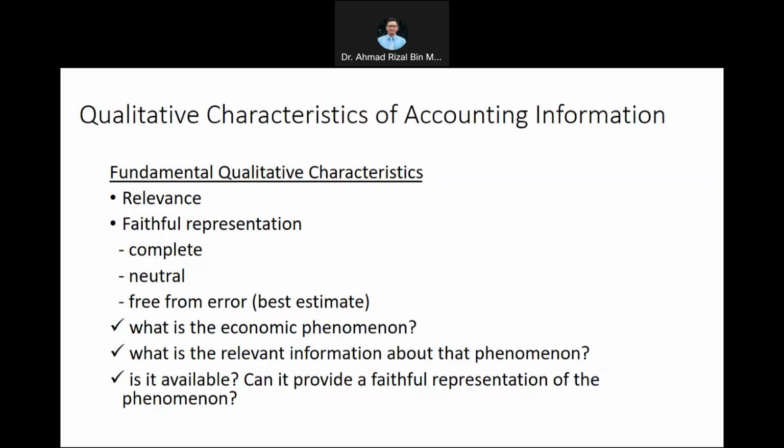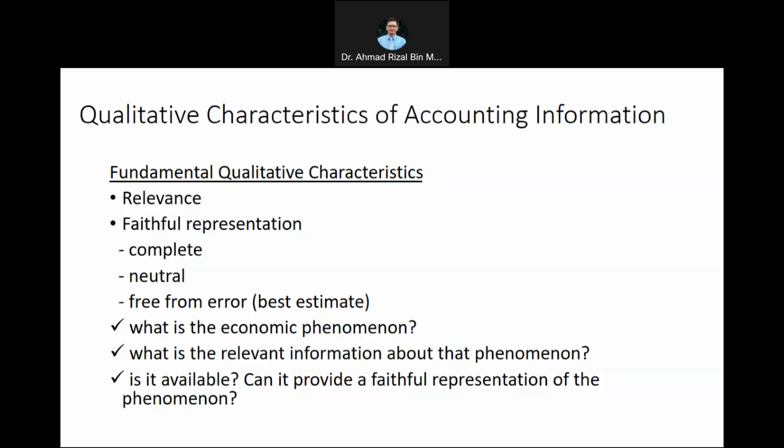Free from error here means as much as possible, you try to provide accurate figures or accurate numbers. Sometimes you need to exercise what you call the best estimate. Again, for certain companies that are involved in complex financial instruments such as derivatives or fintech, sometimes you need to come up with estimates.